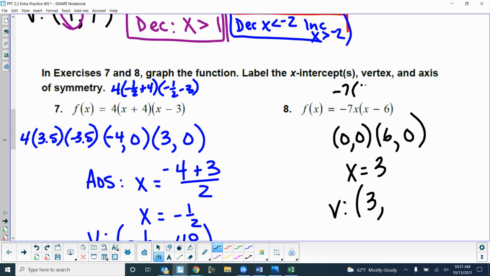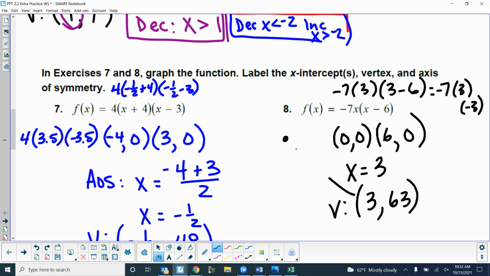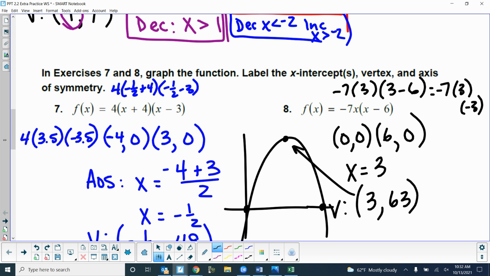So -7 times 3 times 3 minus 6, which is -7 times 3 times -3. So 21 times 3 is 63. 2 negatives make it positive. Okay? Does it open up or down? Down, right? So way up here at the top of it is 63. All right? And then over here is 0, 0. And then over here 6, 0. And it looks like that. Okay?